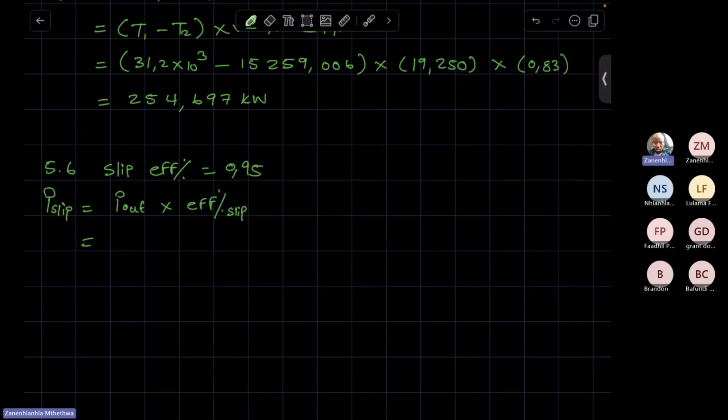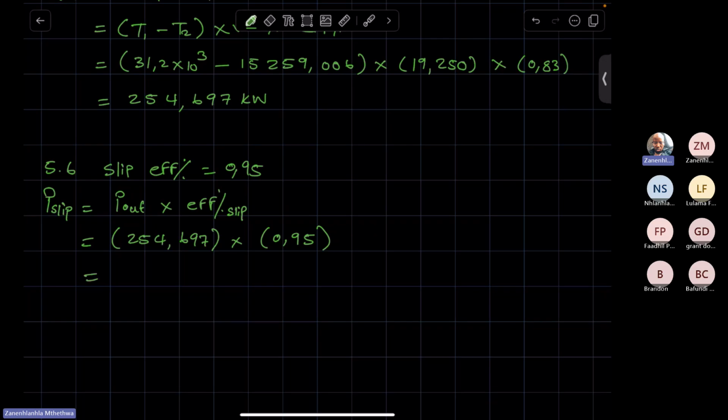So the power we calculated, taking into account the 83% efficiency of the drive, is this one here. This is 254,697. This is in kilowatts, so we'll leave it in kilowatts, knowing that whatever answer we get here will be in kilowatts. In terms of efficiency of the slip, which is 95%, so 0.95.